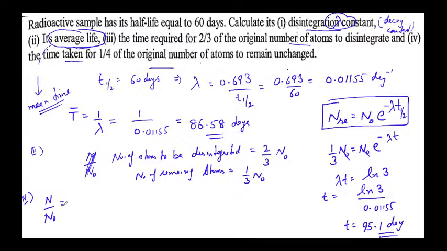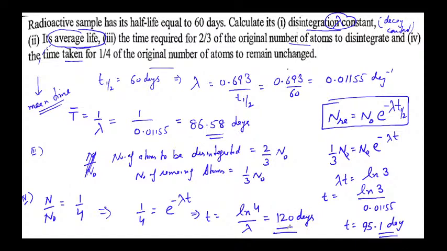That is equal to 1/4. So in this case, putting this value, 1/4 is equal to exponential of minus lambda t. So t we can calculate from this: it is equal to log of 4 over lambda, and this comes out to be 120 days.